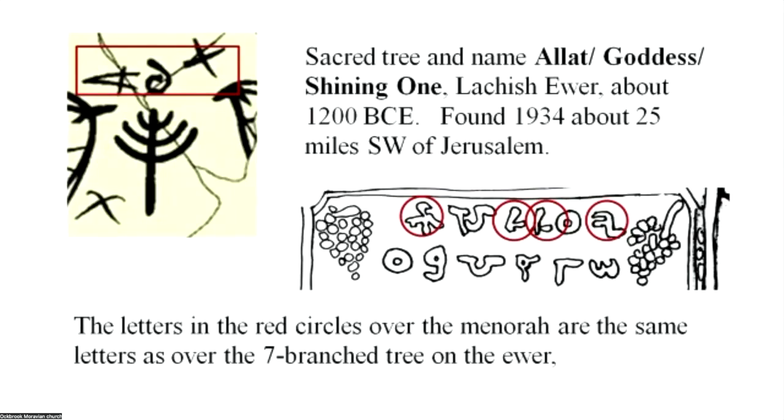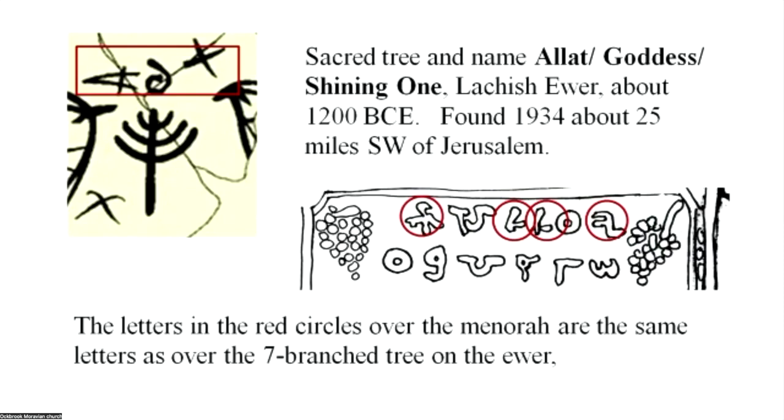Top left here is a decoration on a pot known as the Lakish Ewer, dated about 1200 BC, found in 1934, about 25 miles southwest of Jerusalem. In that red box at the top are three letters, and you read them from left to right.